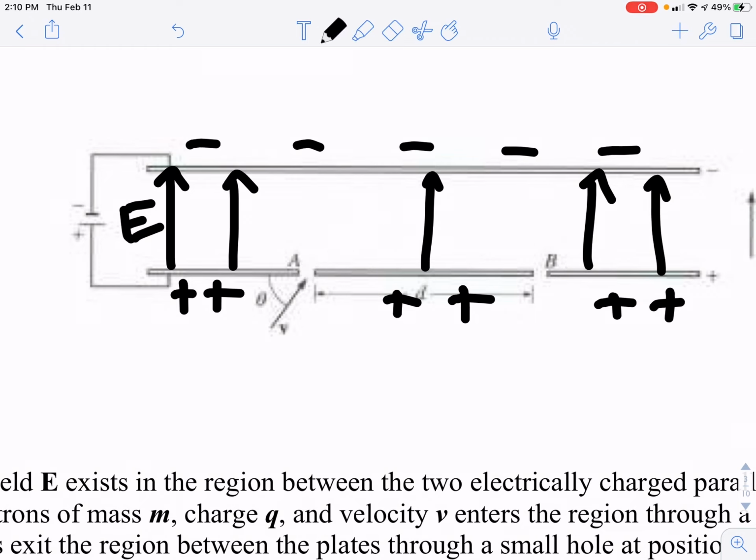But recall that the electric force is equal to qE. So we can rewrite this as qE equals ma. And if we solve for a, we get qE divided by the mass.